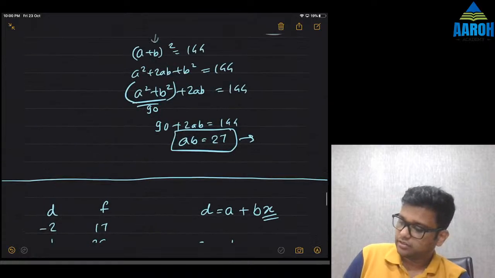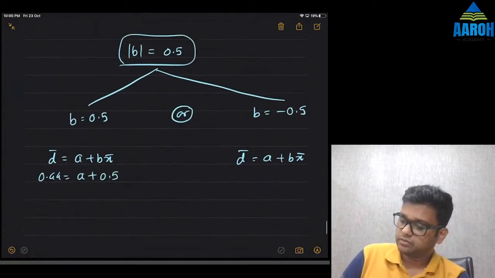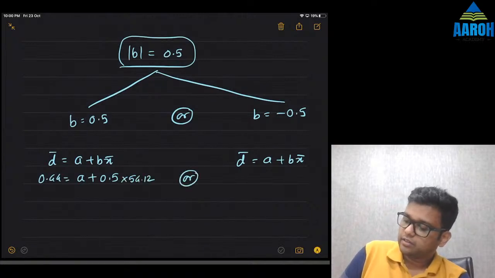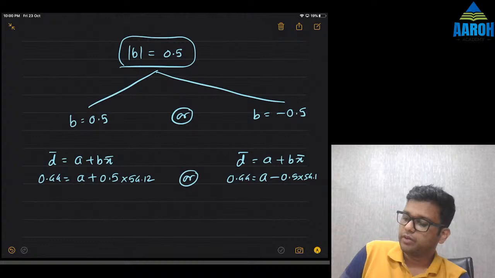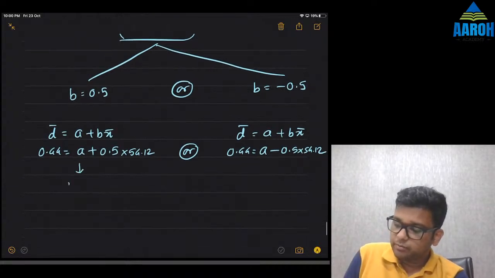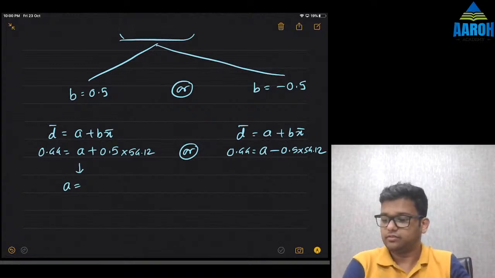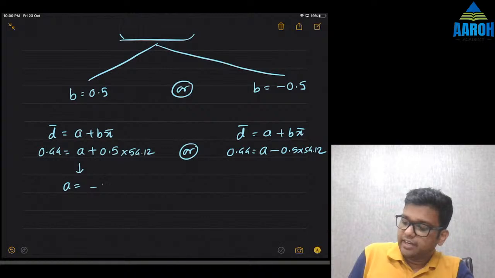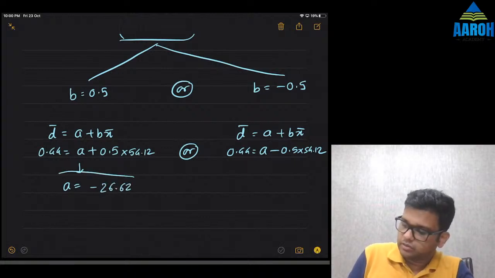X bar is 54.12, or d bar, that is 0.44, is equal to a minus 0.5 into 54.12. Two possibilities are there. In the first possibility, a will be 0.44 minus 0.5 into 54.12, negative 26.62.